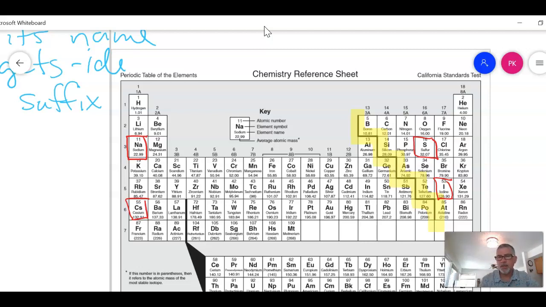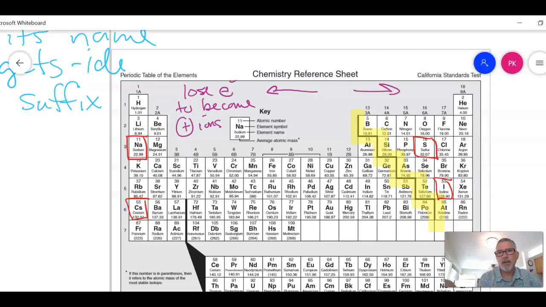Everything to the right tends to gain electrons. So metals will lose to get to those noble gases.